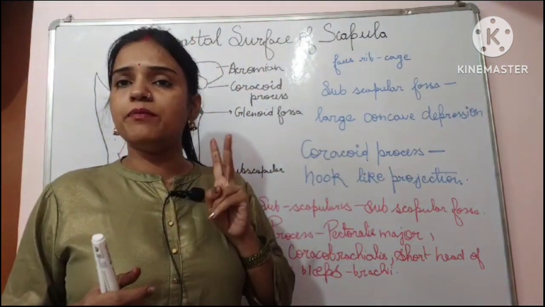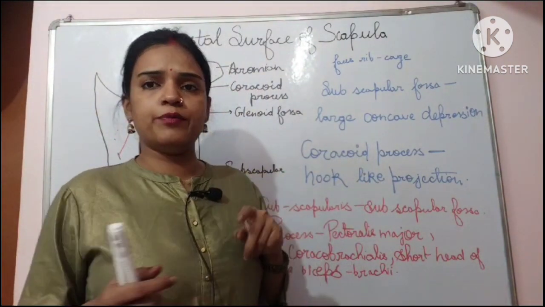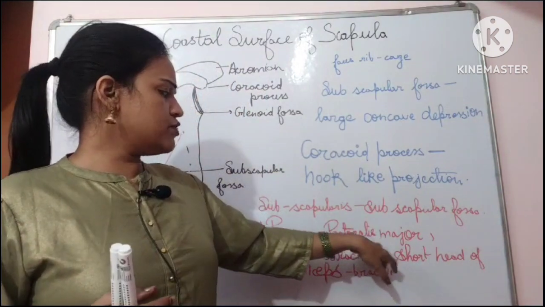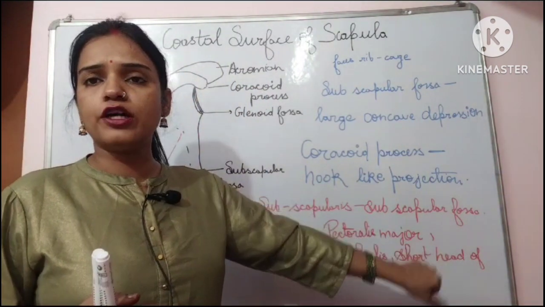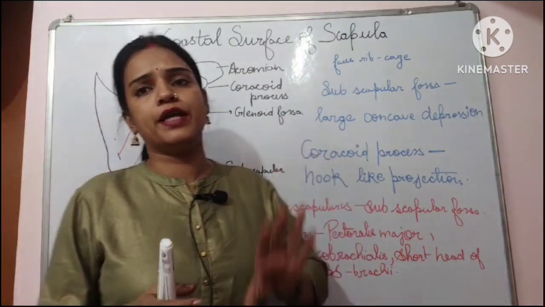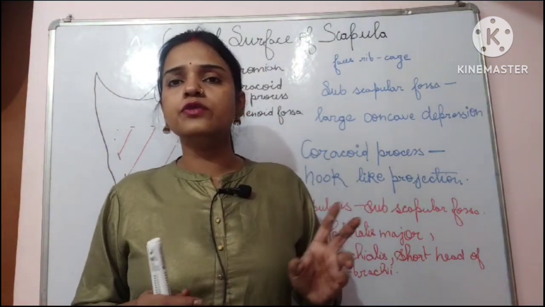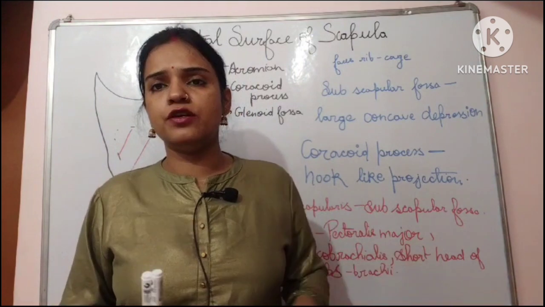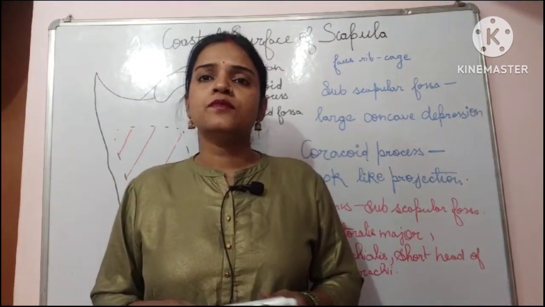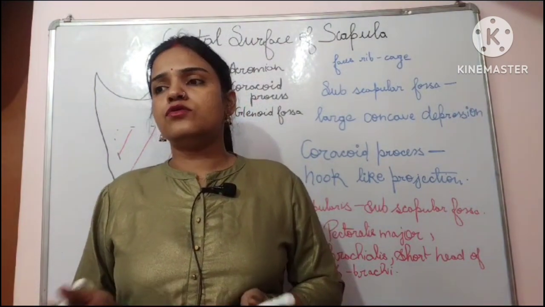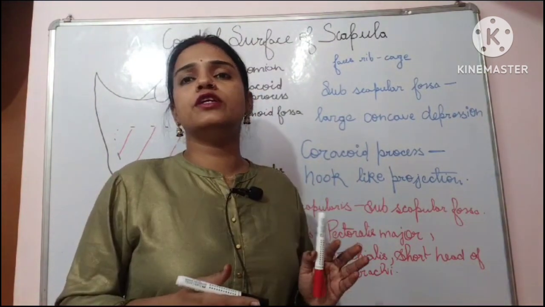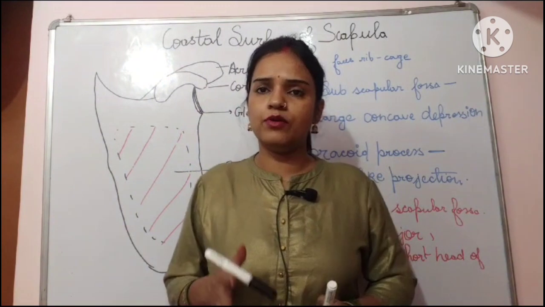Also we have three main attachments on the coracoid process: pectoralis major, coracobrachialis and the short head of the biceps brachii. So this you need to remember. These are the major muscle attachments on the costal surface of the scapula. So this was all about the anterior surface of the scapula.